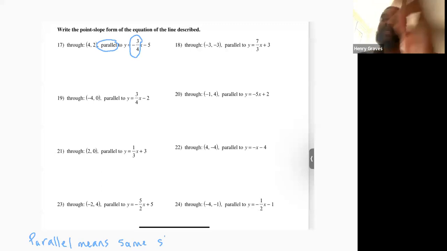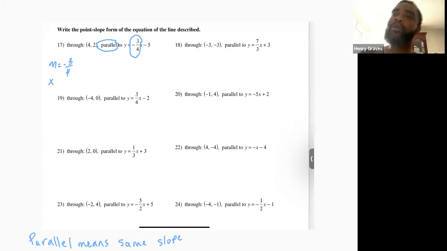So I'm going to do these. I know my m is going to be negative 3/4. My x1 is going to be 4. y1 is going to be 2. I'm going to plug these numbers into my formula for the point-slope form. Going forward, I'm going to use that because they want us to write it in point-slope form.